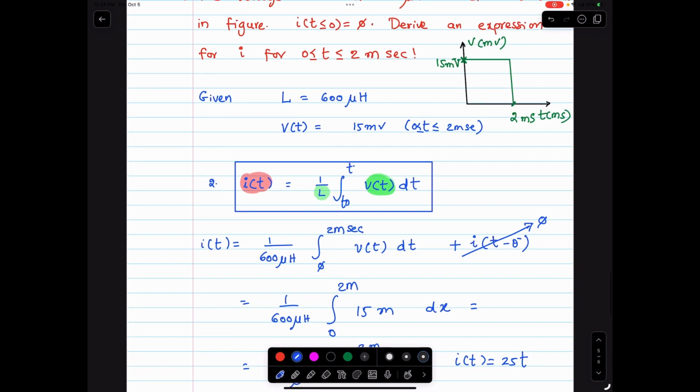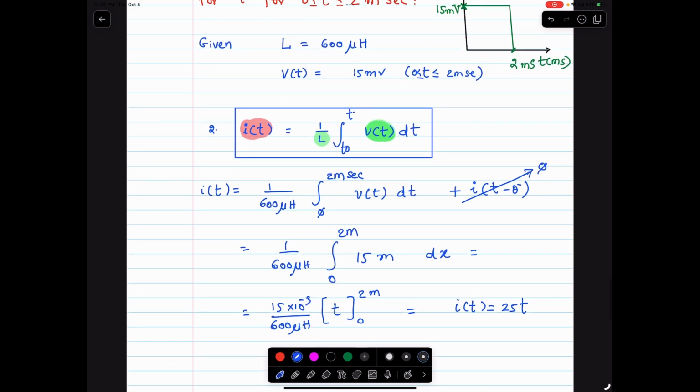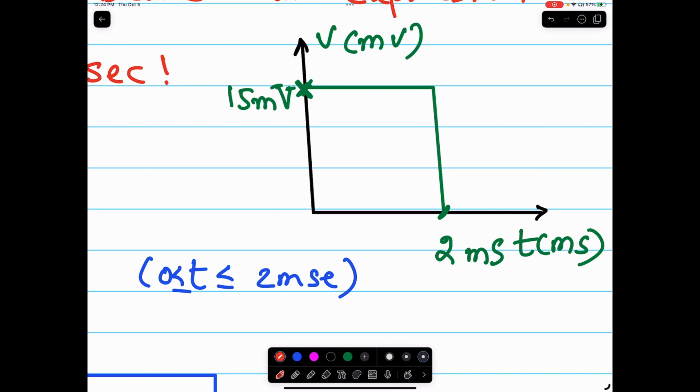We are interested in finding the expression for i in this 0 to 2 milliseconds range: 25t. Think about this. Let's go back to the plot. You have a voltage that is constant, so let's pay careful attention to the intuition right here.